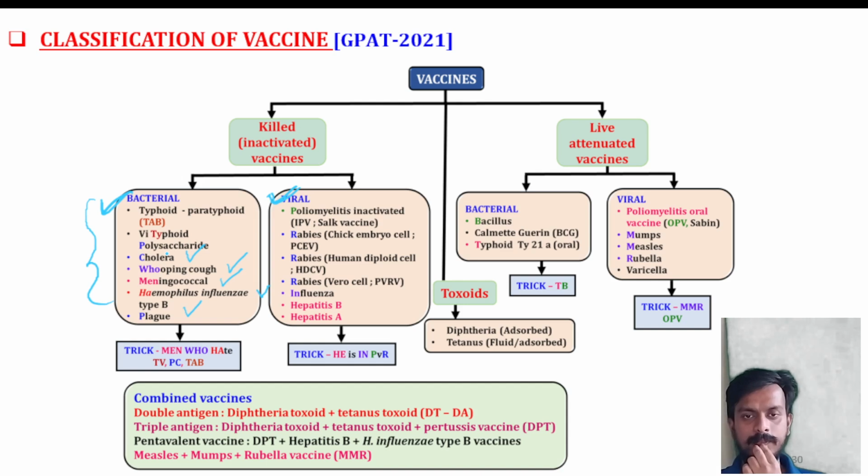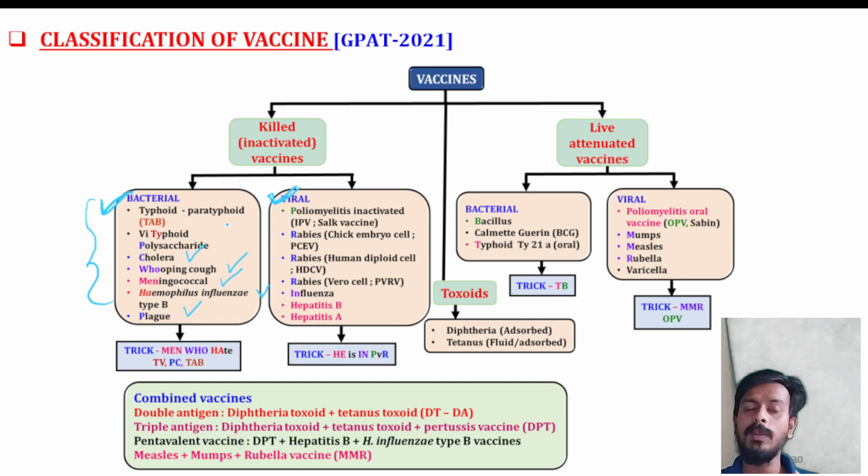Poliomyelitis Salk vaccine, rabies vaccine, influenza A and influenza B vaccine, and hepatitis A and hepatitis B vaccine.